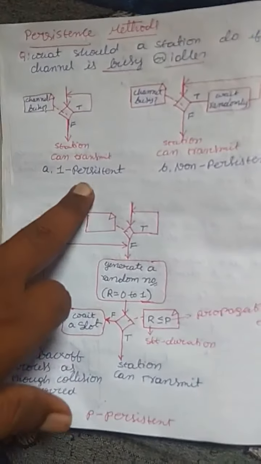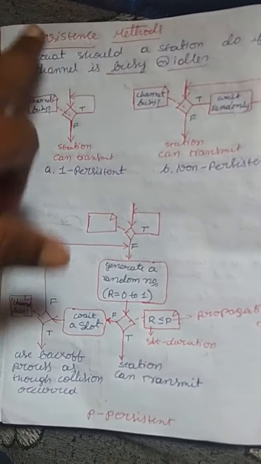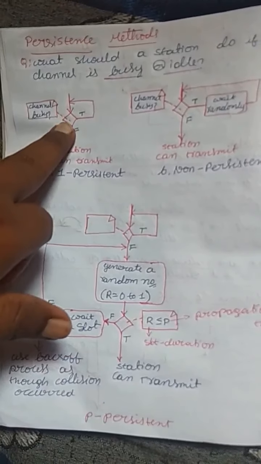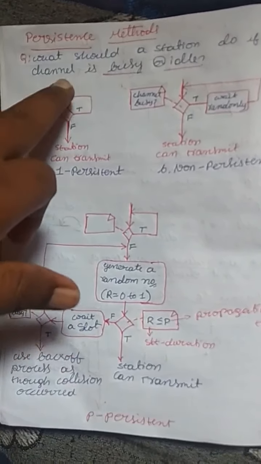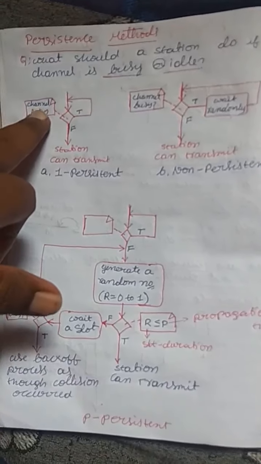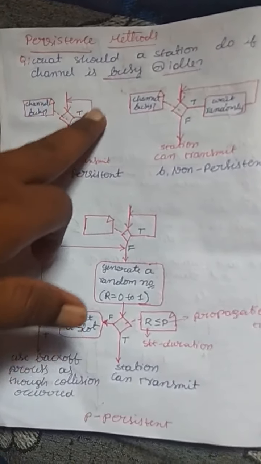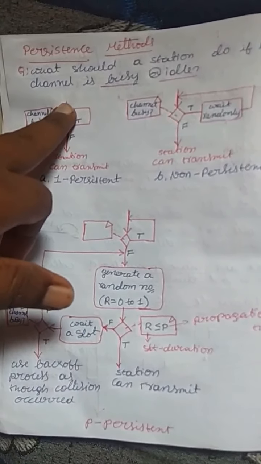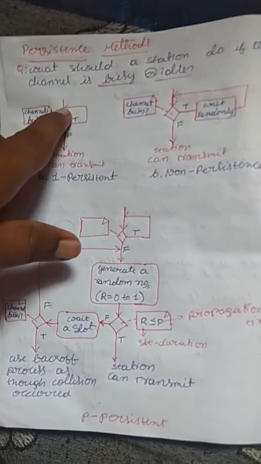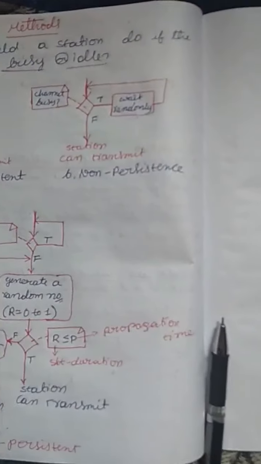Okay, this is one-persistent. Here the station will check whether the channel is busy or not. If it is not busy, it will send the frame. If it is busy, it will sense again and again. You can see that the loop is continuing here.